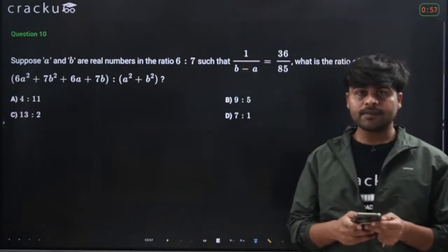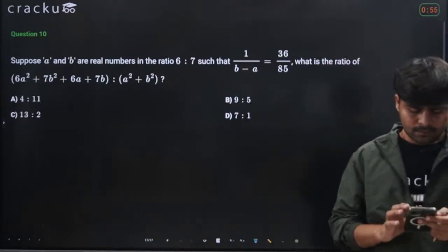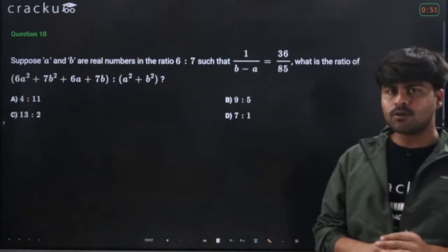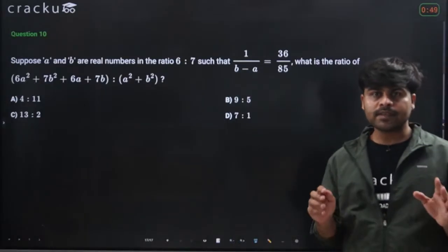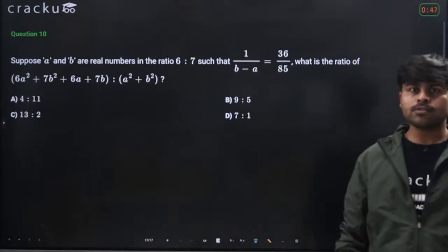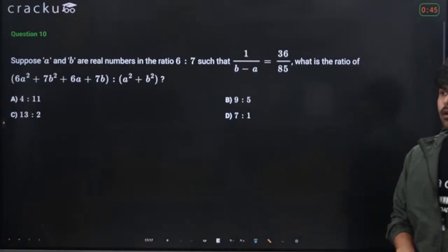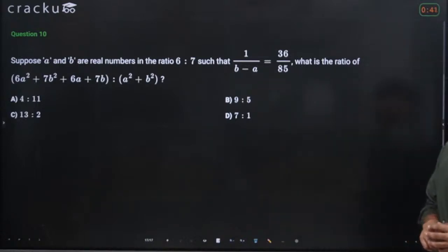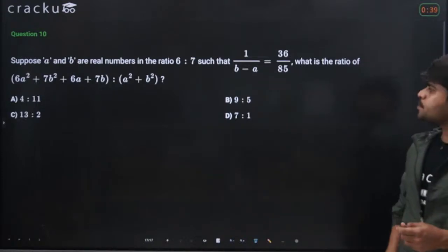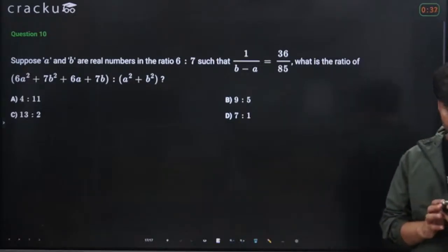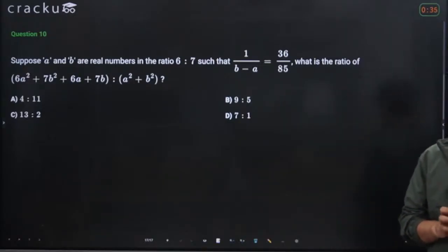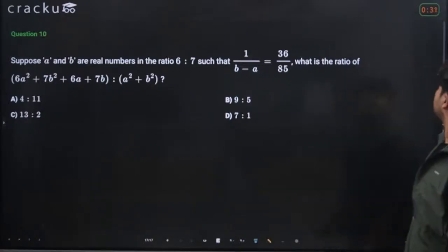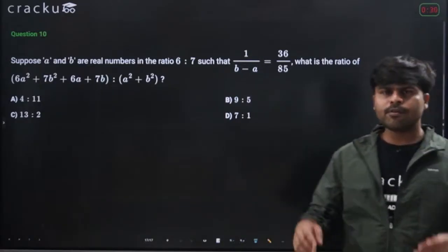Okay, 1 minute left. Again, I will give you 30 seconds more, not 1 minute. So after 30 seconds are over, we will start the explanation for this question. I hope there's plenty of time for this question. Okay, I'll give you 30 seconds more.